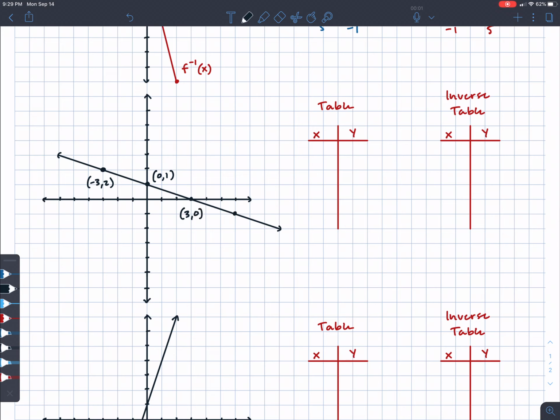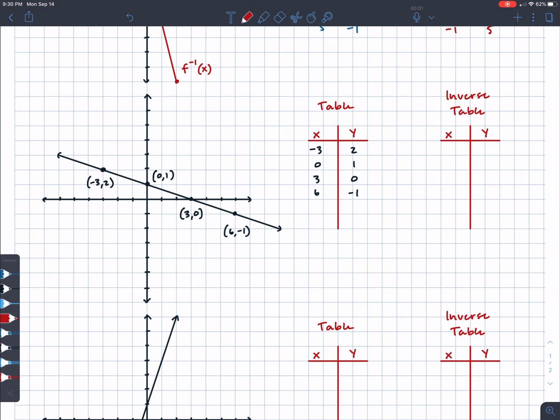And another point at 6, -1. So I'm going to make a table of those values. So -3, 2, 0, 1, 3, 0, and 6, -1. So those are the points on my original function.